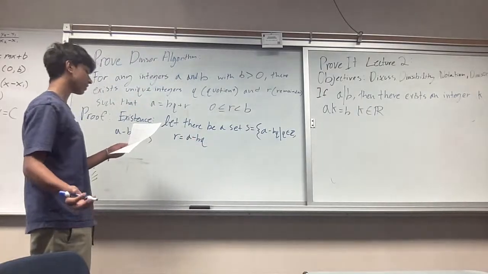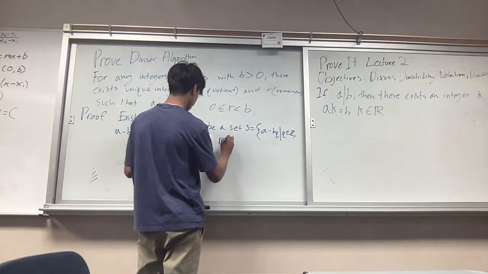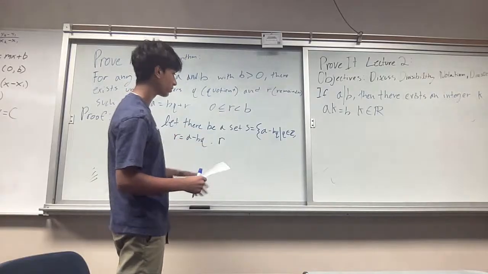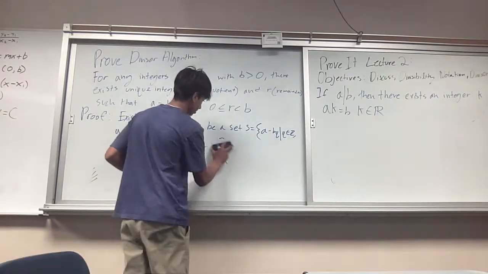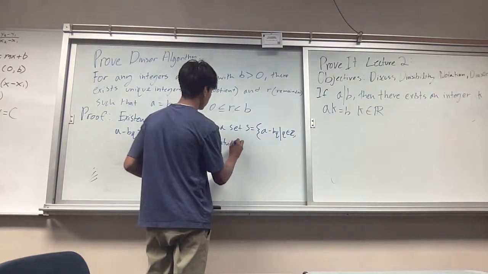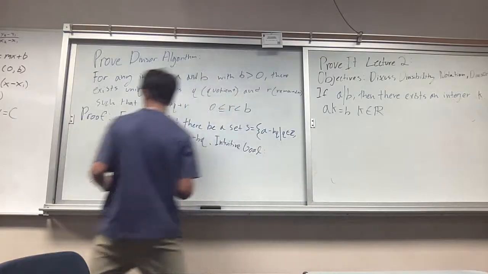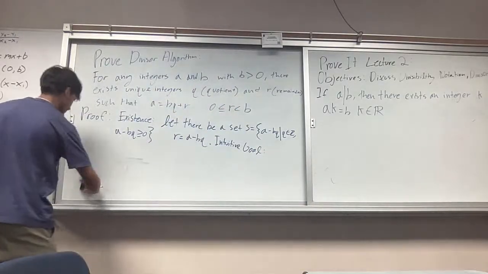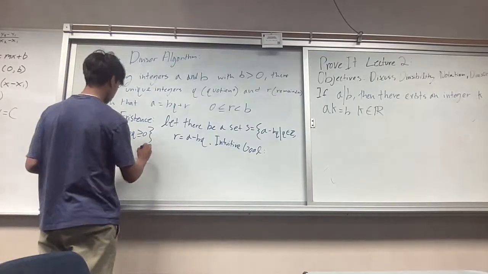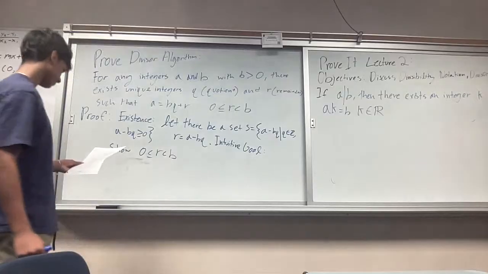Basically, intuitively, we need to show for existence that R is indeed an integer strictly bounded between 0 and B. Our intuitive goal is to show that R is strictly in between these two.